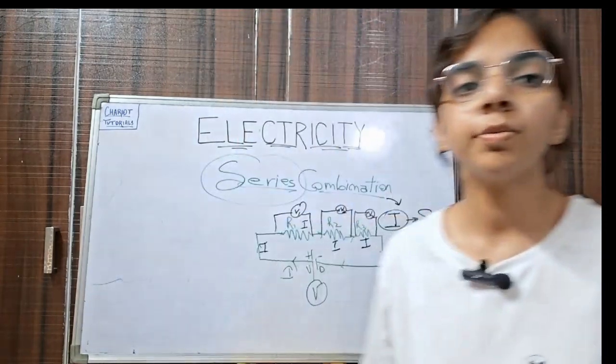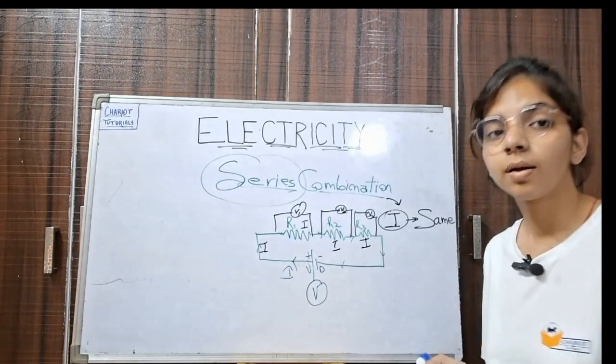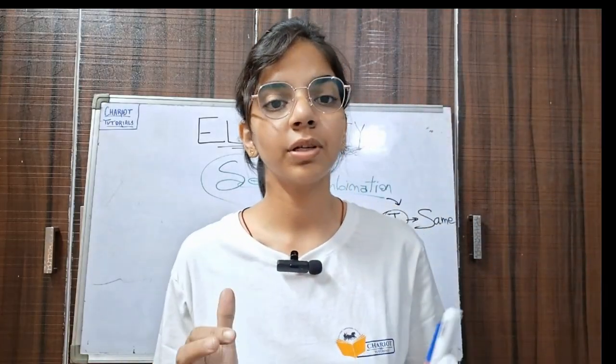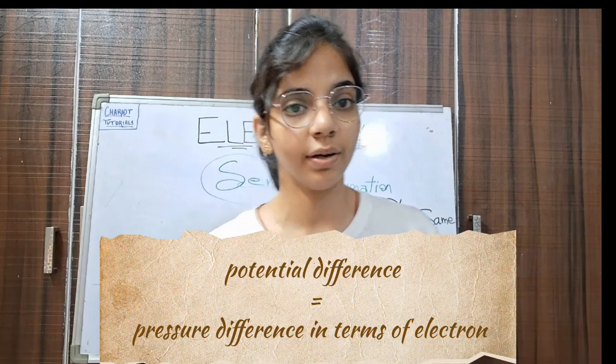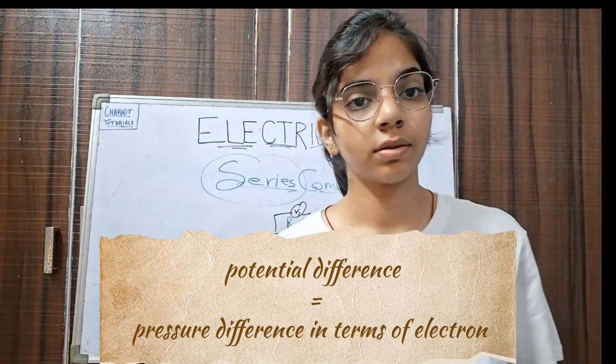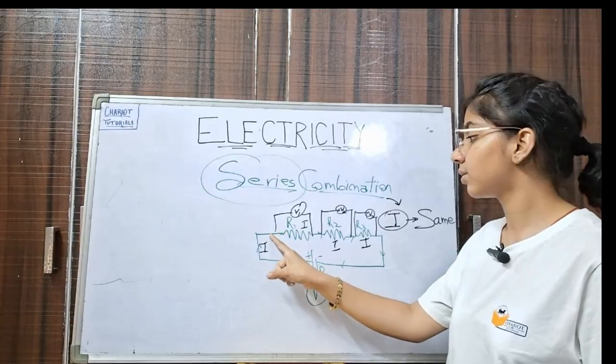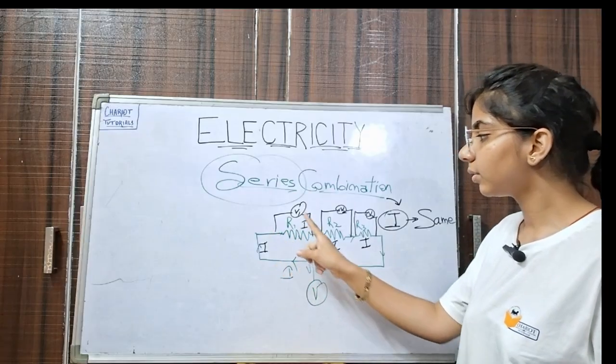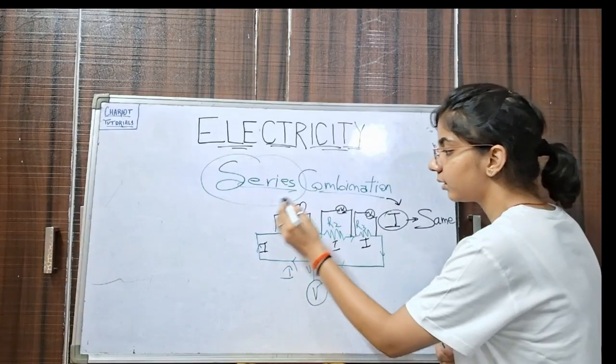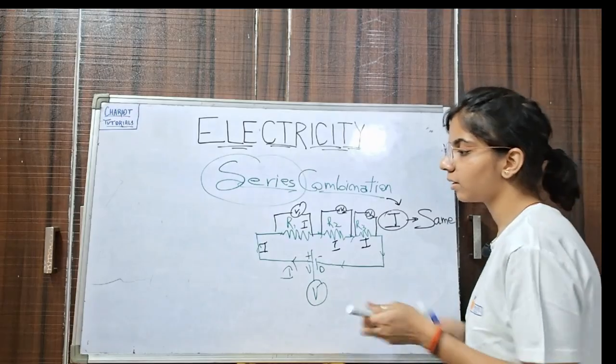Why? Because what is potential? In a way we can say that potential is the pressure difference of current, of electrons. So if resistance is there, for this resistance you can apply Ohm's law.